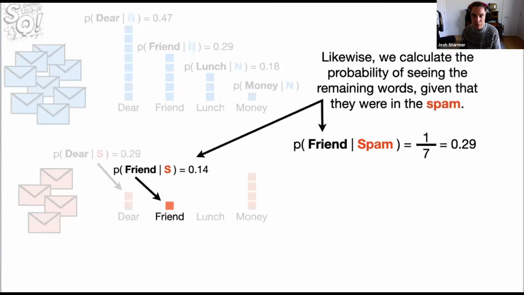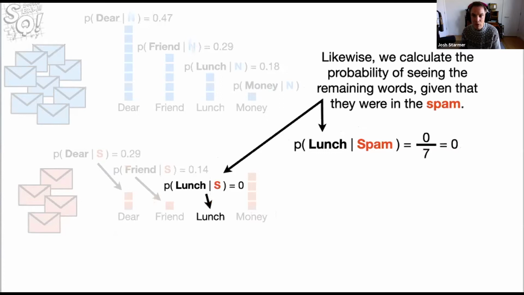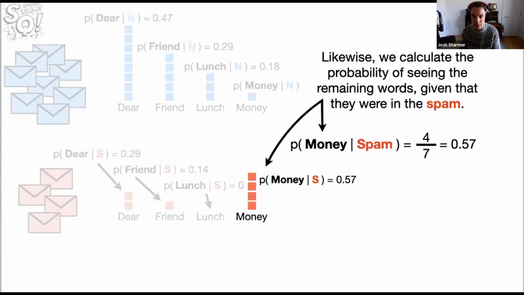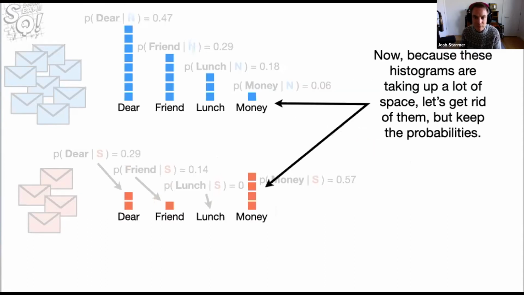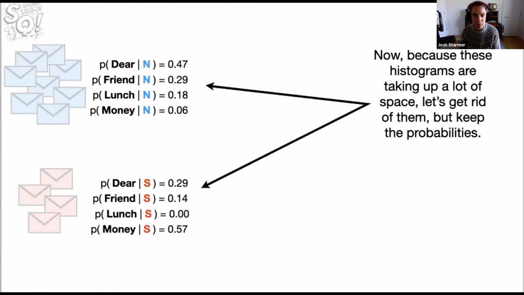Likewise, we calculate the probability of seeing the remaining words given that they were in the spam. Bam! Now, because these histograms are taking up a lot of space, let's get rid of them, but keep the probabilities.